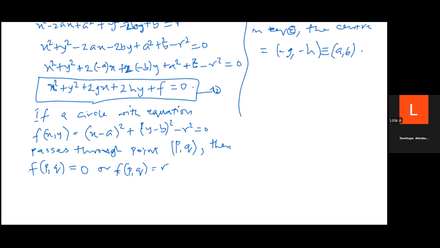So that's a remark. Take note of that. If a circle with this equation passes through point P, Q, this is what the remark is saying.